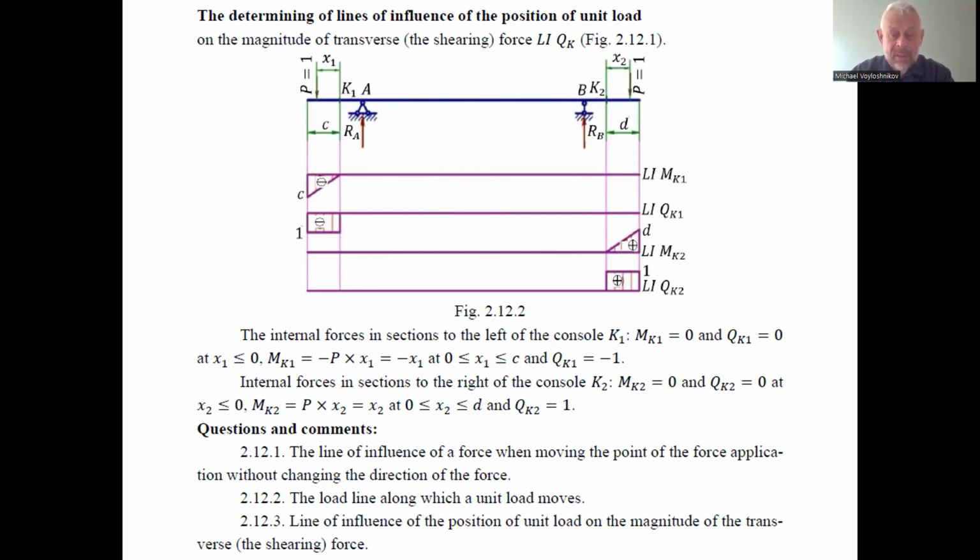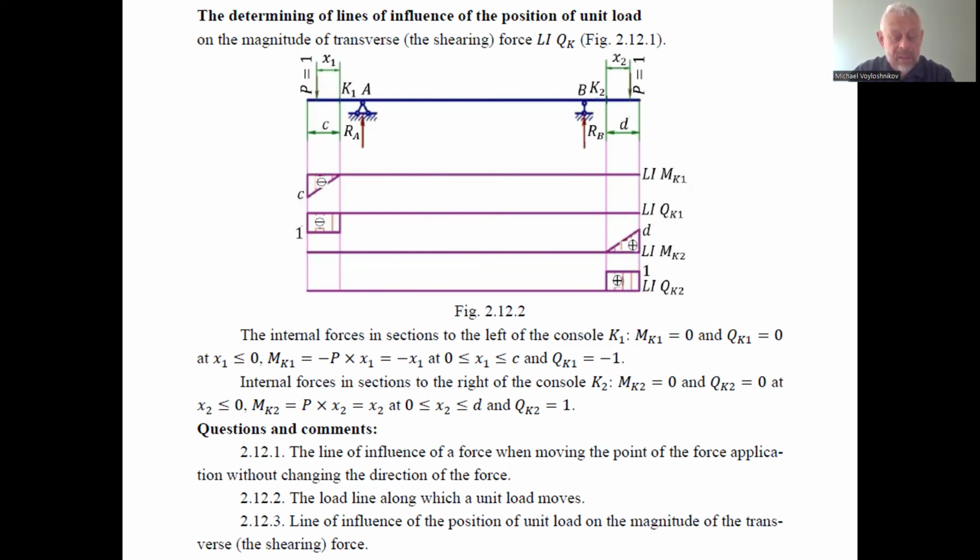The load line is a straight path of movement of the unit load when we determine the lines of influence of the unit force location onto the factors like shearing force, bending moments, support reactions, and maybe the displacements of the bent beam and the angles of rotation under the influence of the external load and the other listed factors.